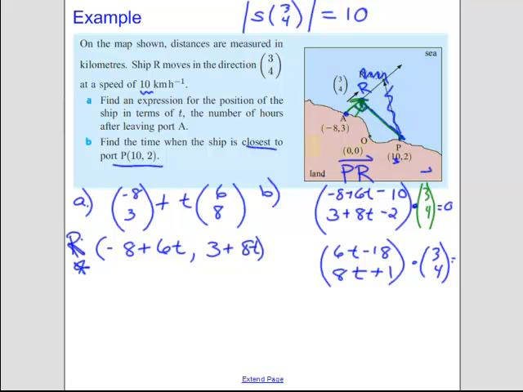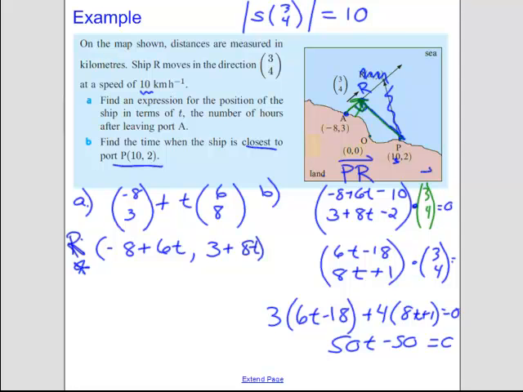So 3 times (6t minus 18) plus 4 times (8t plus 1) has to equal 0. Combining all that together, I get 50t minus 50 equals 0. So t has to be 1. It's 1 hour after the ship left the port that they will be perpendicular. That'll be the shortest distance away.